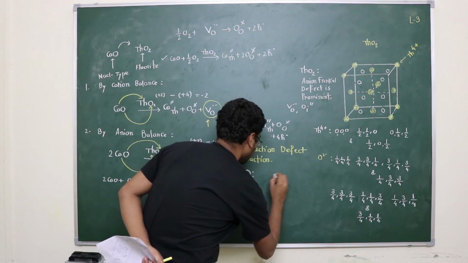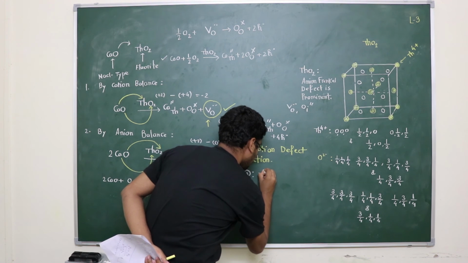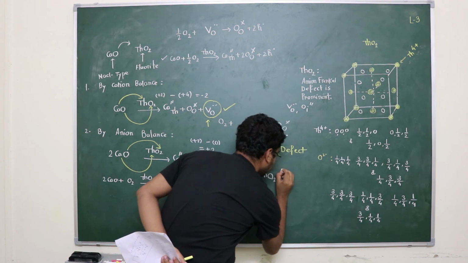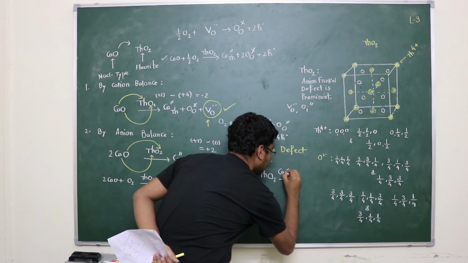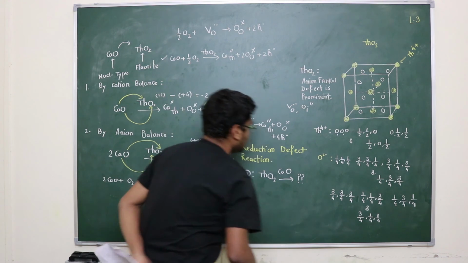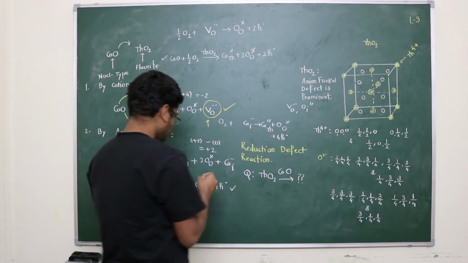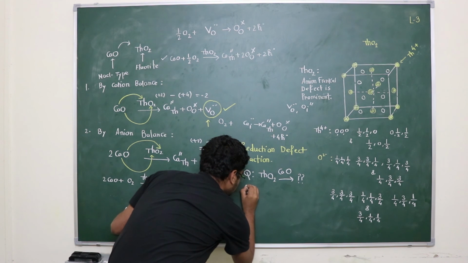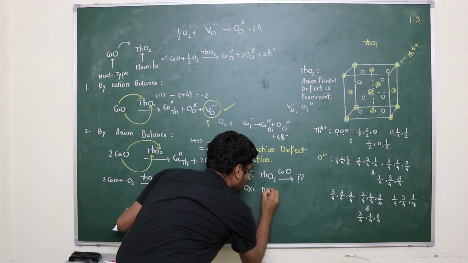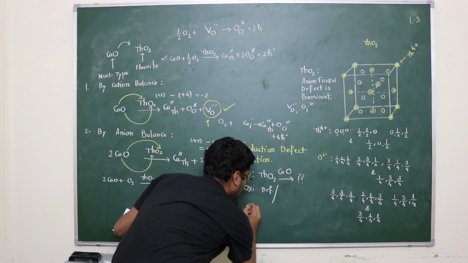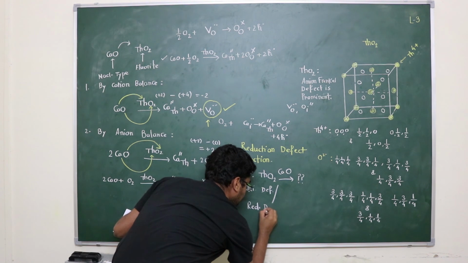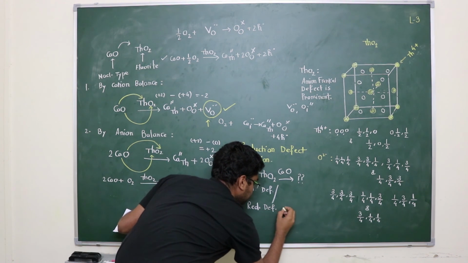So you may try doping TiO2 in CaO. What will be the overall defect reaction? Whether it will be an oxidation defect reaction or a reduction defect reaction.